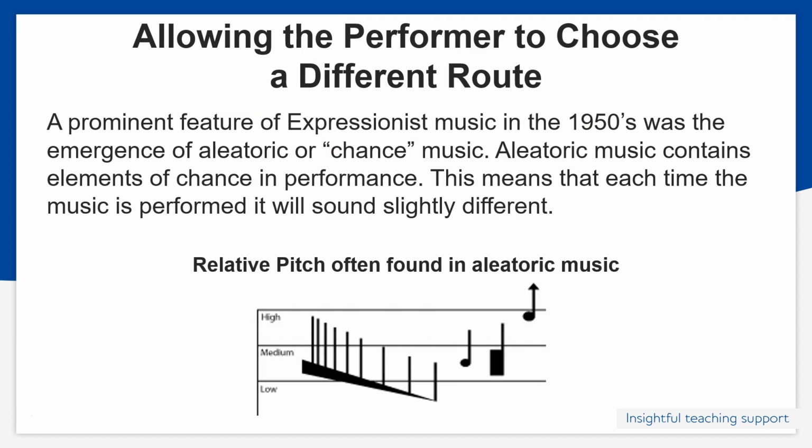So there's 9 lines, which we could probably interpret as 9 separate sounds, moving downwards in pitch. Then there are 3 separate notes. The last one has an arrow on top of it, and this could be interpreted as the note moving upwards in pitch. But again, in aleatoric music, it very much depends on how the performer interprets the symbols in the music.